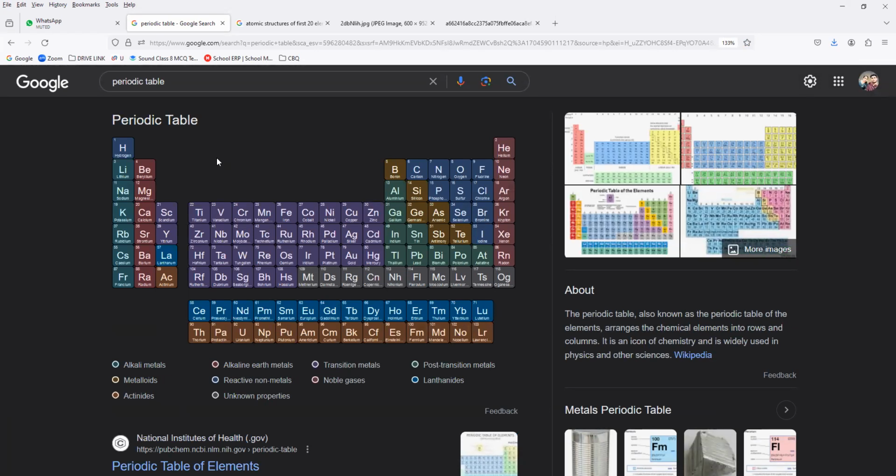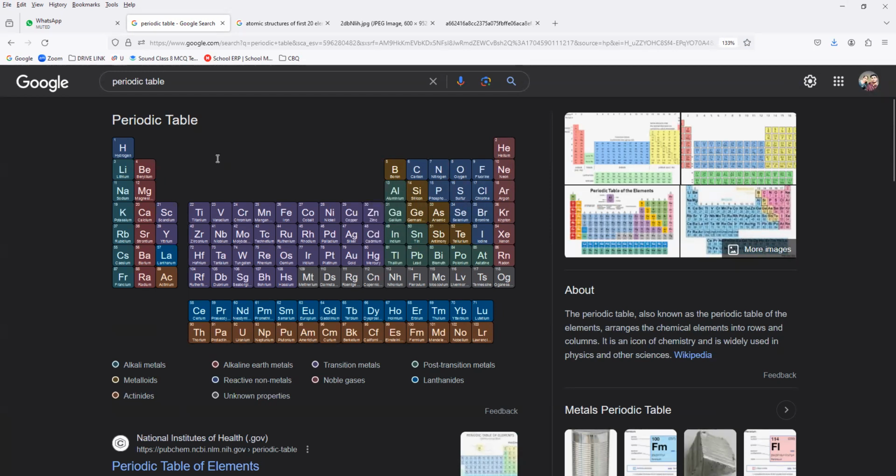Hydrogen is the lightest element, first in the periodic table. Helium is second. Next lithium, beryllium, aluminum, silicon, phosphorus, sulfur, chlorine, argon. Same way sodium, magnesium, then boron, carbon, going on up to zinc, which is 30.